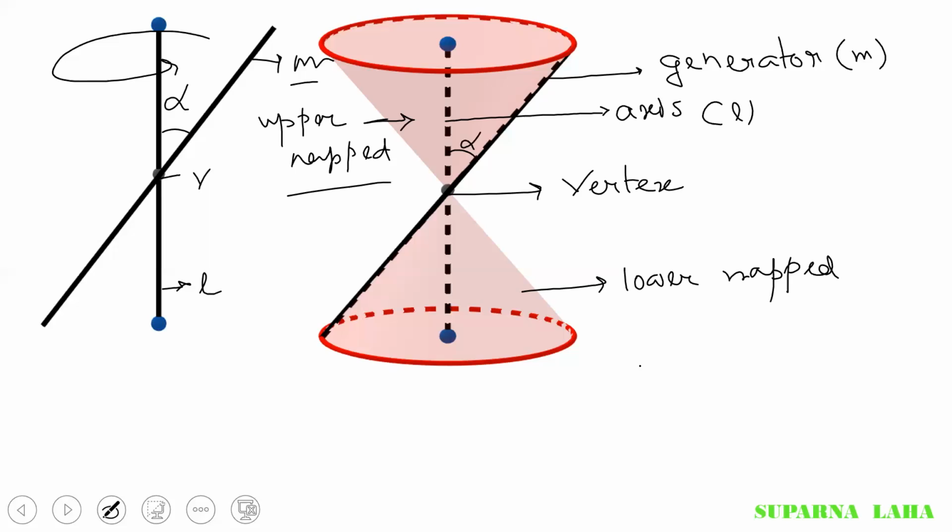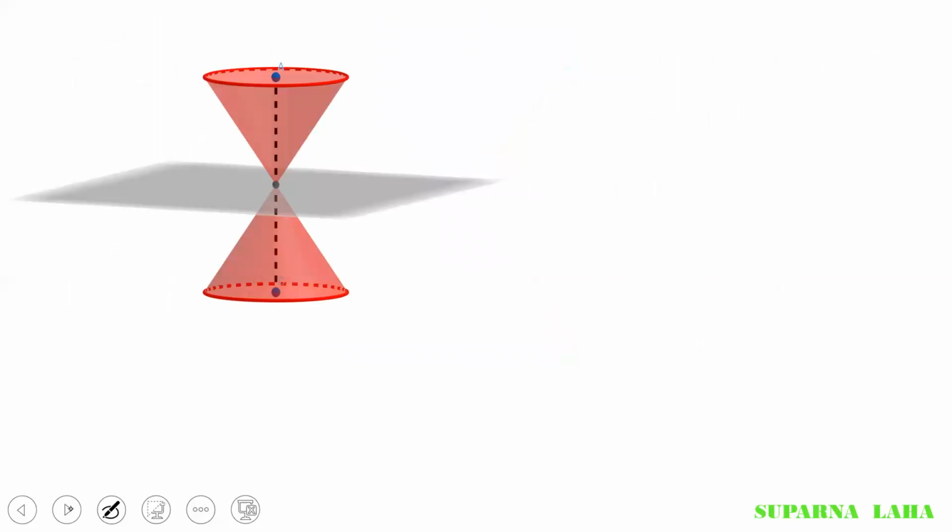Now, if I take a plane and find the intersecting portion between the plane and this double napped right circular cone, either this plane will cut the cone at the vertex, passing through this point, and divide the figure into two parts, the upper nap and the lower nap.